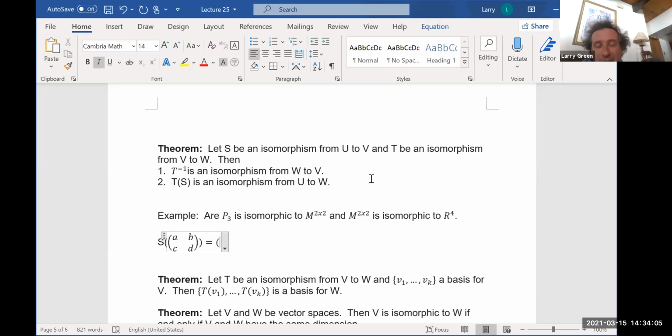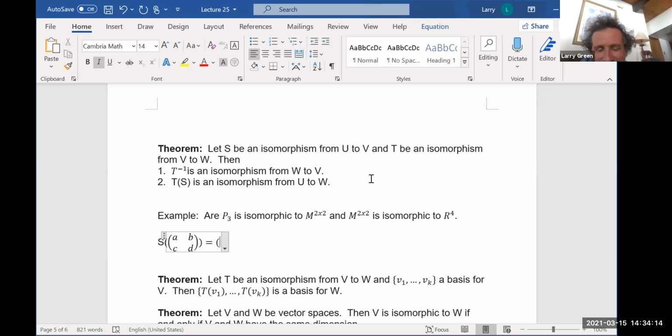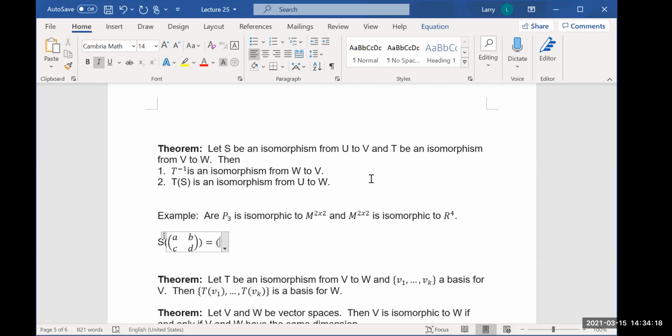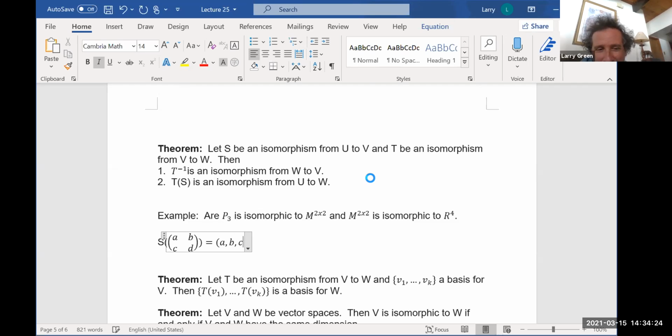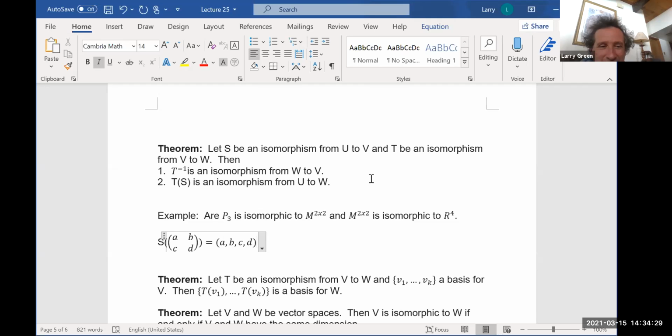But we need to say which vector. Oh, it's obvious. X, Y, Z, W. No, easier. Where is S going to take the matrix A, B, C, D? It takes it to A, comma B, comma C, comma D. Do y'all agree that's obvious?